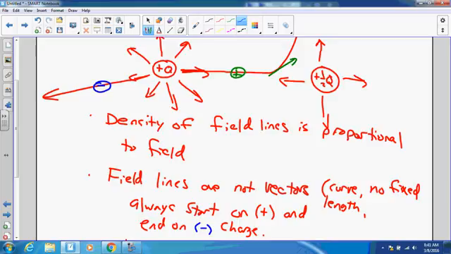Whereas for electrical charges, because the electrical force is so much stronger, you get a large amount of variation in the electrical force, depending upon how close or how far away you are to those charges. The basic experience in everyday life that you want to think about is static electricity.